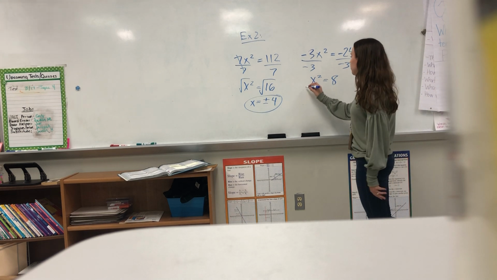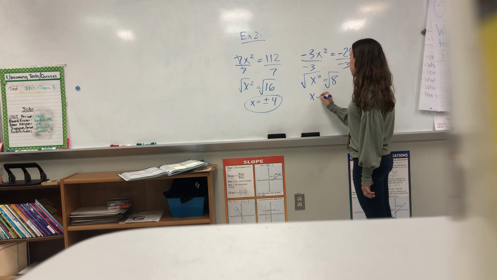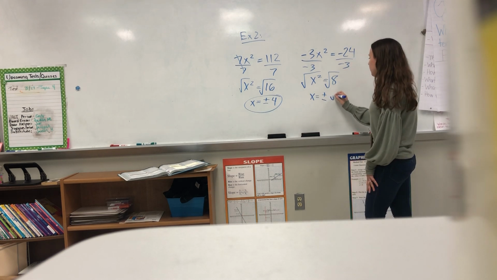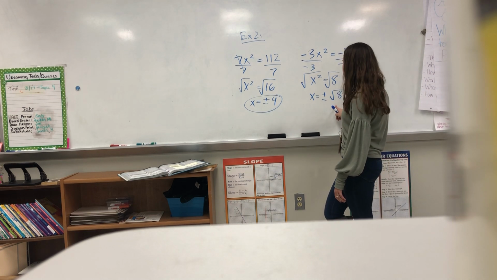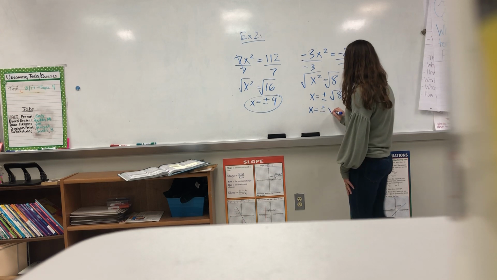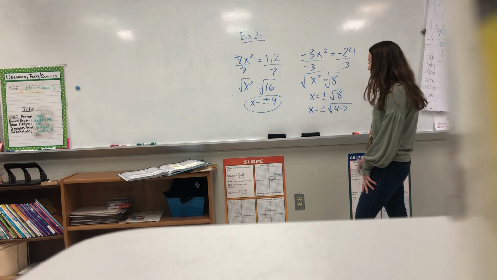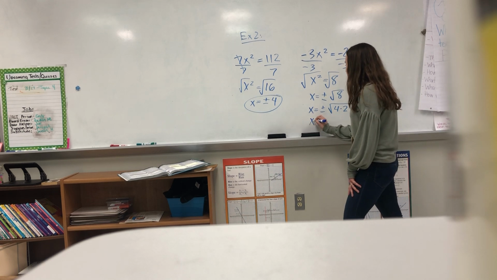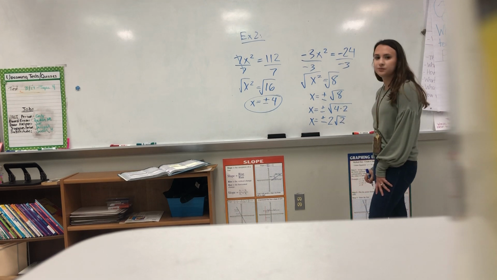Then we're going to take the square root, x equals plus or minus radical 8. However, we learned how to simplify this in our last lesson. So x equals plus or minus, this becomes radical 4 times 2. That comes out, x equals plus or minus 2 radical 2.